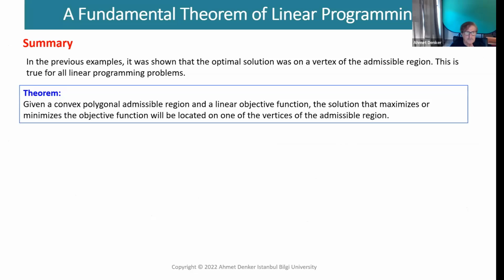Okay. Here also we saw that the solution was on the vertex of the admissible region, and this is true for all linear programming problems. So we can state the theorem now as, given a convex polygonal admissible region and a linear objective function, the solution that maximizes or minimizes the objective function will be located on one of the vertices of the admissible region.